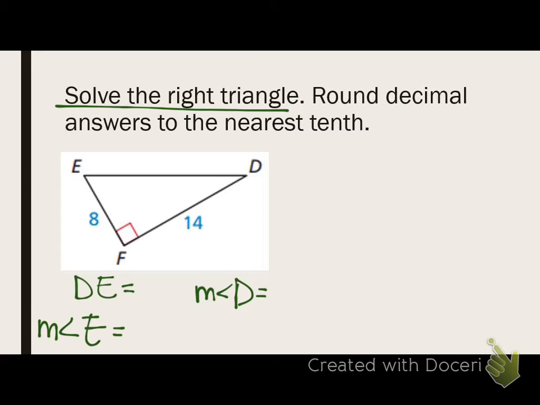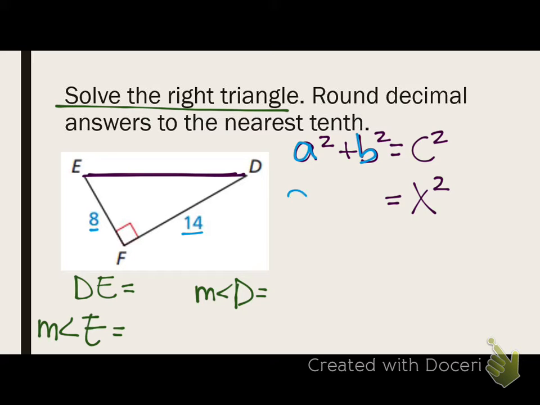Which one do we want to find first? DE. We're going to find DE, which is a side, and we know two of the sides. So how do I find the third side if I know two sides? Pythagorean theorem. A squared plus B squared equals C squared. Which of these sides is C? 14. The missing side you can call X, which means A and B are 8 and 14.